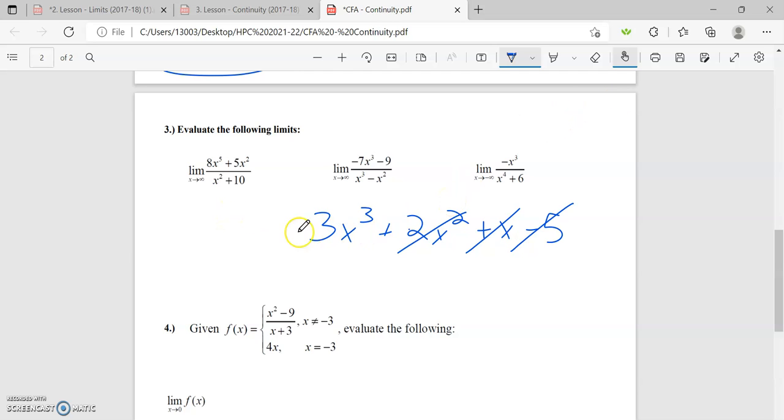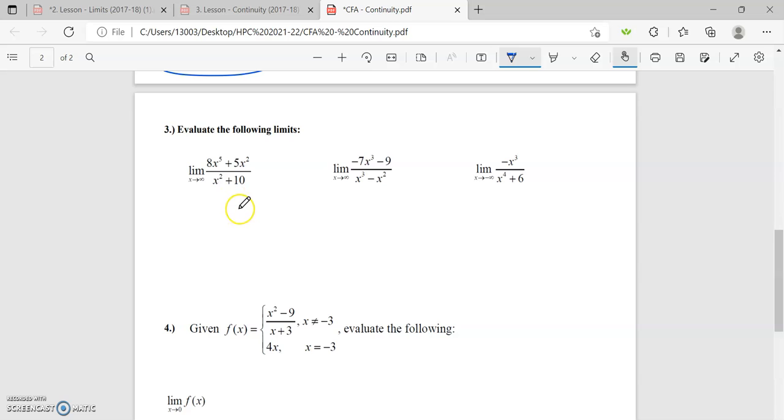And so what we're left with, for the limit, is just focusing on that largest exponential term. So in this case, we will look at this graph and say, what is x cubed going to do? Well, it's going to get really, really big and go on forever. In this case of our first example here, we have a fraction.